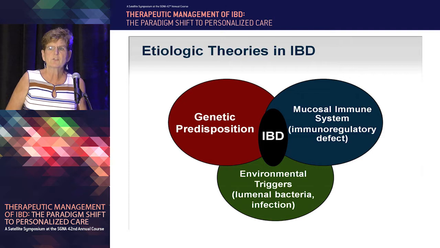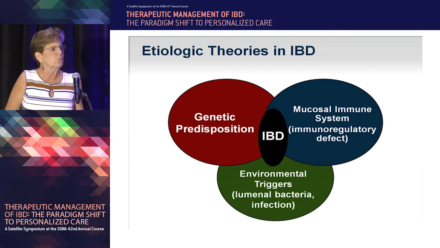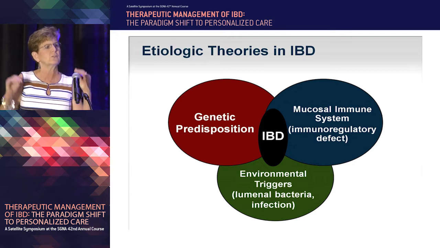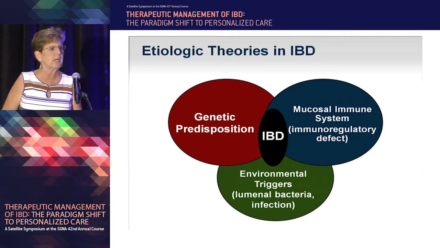And then there's some sort of mucosal immune system deficiency in the immune system, in combination with environmental triggers. Basically, the way I talk to my patients is the sun and the moon and the stars all came together and have created this inflammatory process.